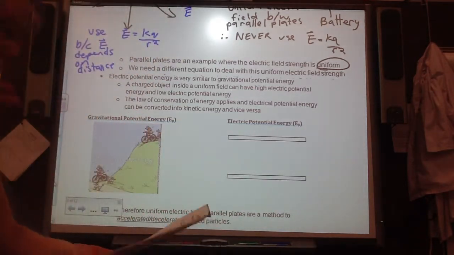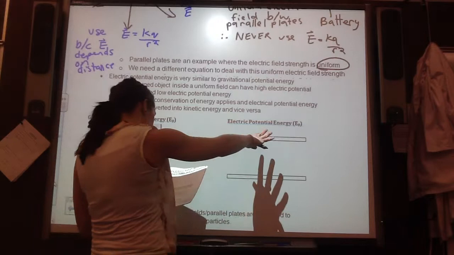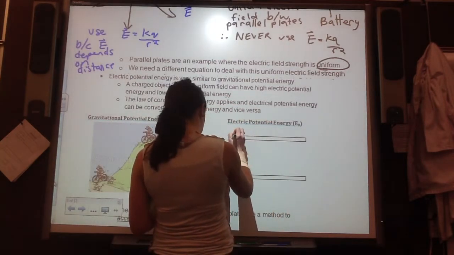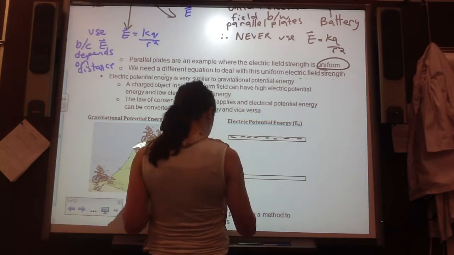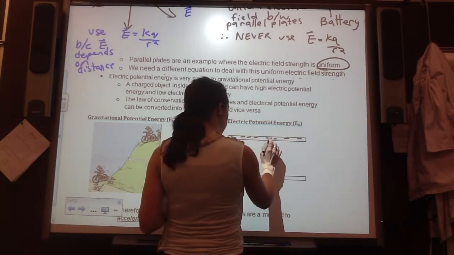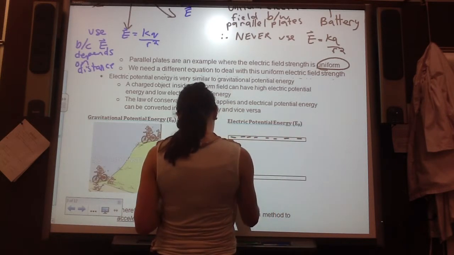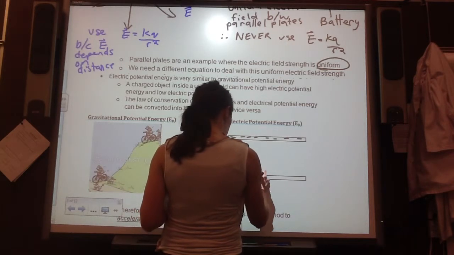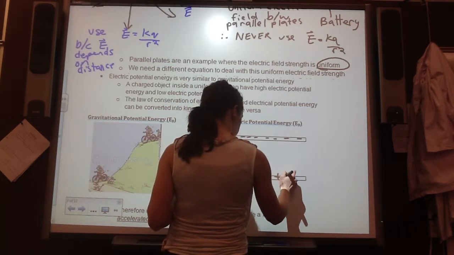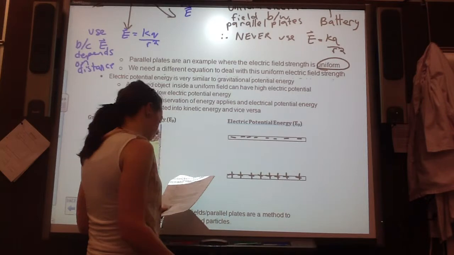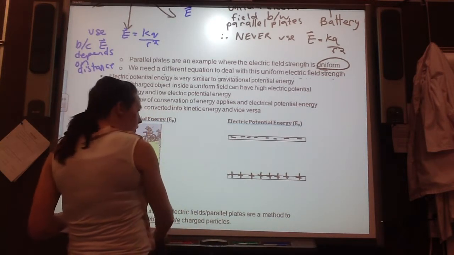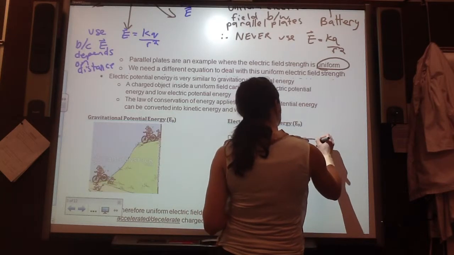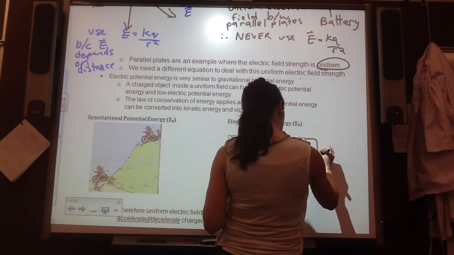Velocity change, acceleration. Okay, say we have our parallel plates. Let's put our negatives up here for fun, and our positives down here. And let's put our battery in, negative, positive.